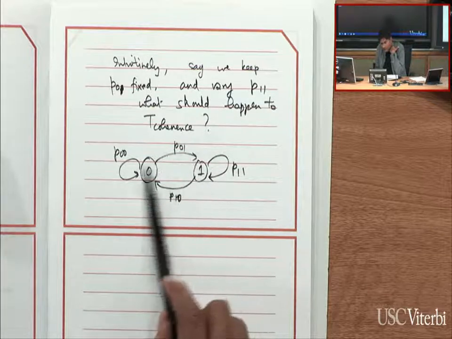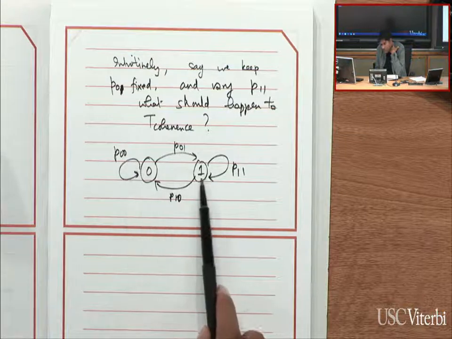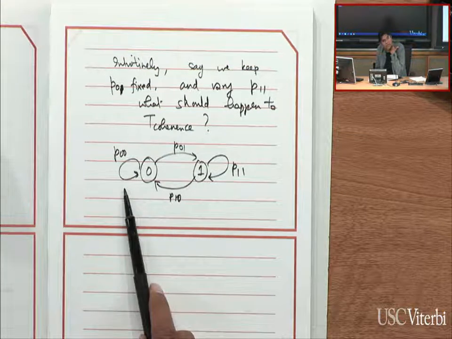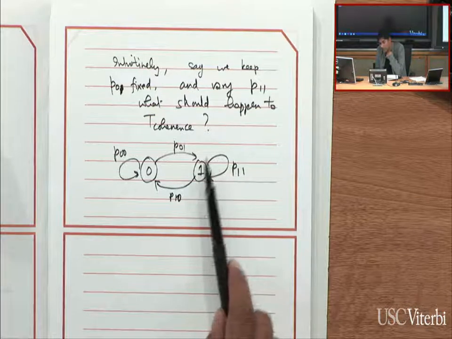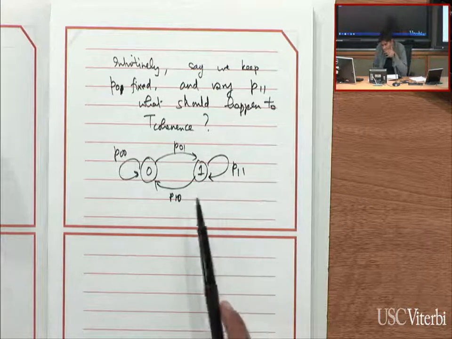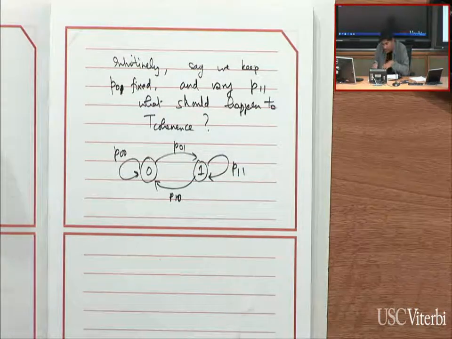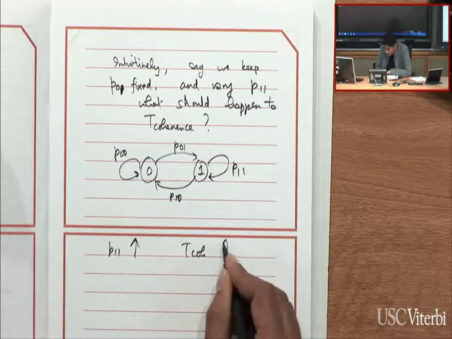That's governed entirely by P01 and P00, but those I'm keeping constant. But certainly if I'm at state 1, how quickly I transition to the next state is a function directly of P11. So the higher P11 is, the more likely I am to come back to the same state, and intuitively that should improve my coherence time. So let's just write that down. As P11 goes up, you expect the coherence time to go up.